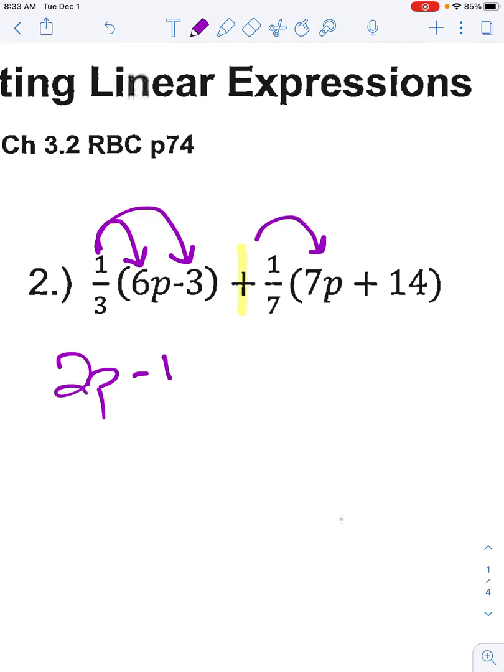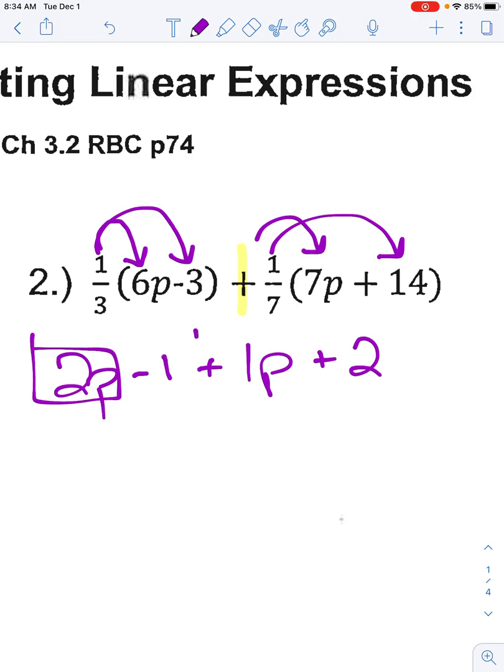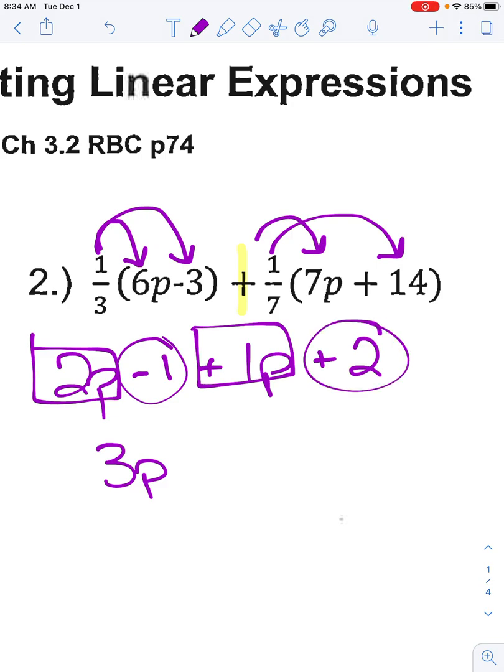On the right, 1/7 of 7p is 1p, a positive 1p, and 1/7 times a positive 14 is a positive 2. And then we can combine like terms. I have 2p plus 1p, which gives me 3p, and then a negative 1 plus 2, different signs, find the difference. The difference is 1, and there's more positives, so it's a positive 1. 3p plus 1.